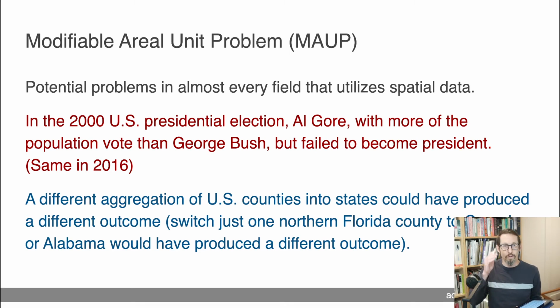If one of the northern Florida counties that's on the border with Alabama was an Alabama county, not a Florida county, so we redraw the borders, right? By one county right there at the border gets included in Alabama, then those several tens of thousands of voters would have been in Alabama, which was hardcore Republican, and that would have flipped the vote in Florida, which would have given Al Gore the presidency in 2000.